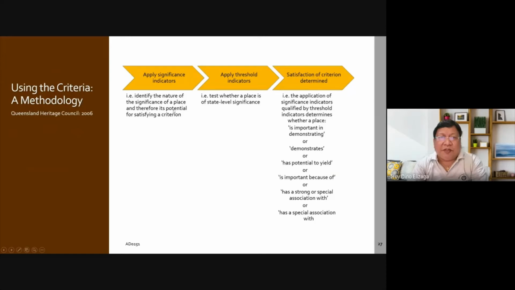The process is simply: first, apply significance indicator, then apply threshold indicator, and finally, satisfaction is determined.